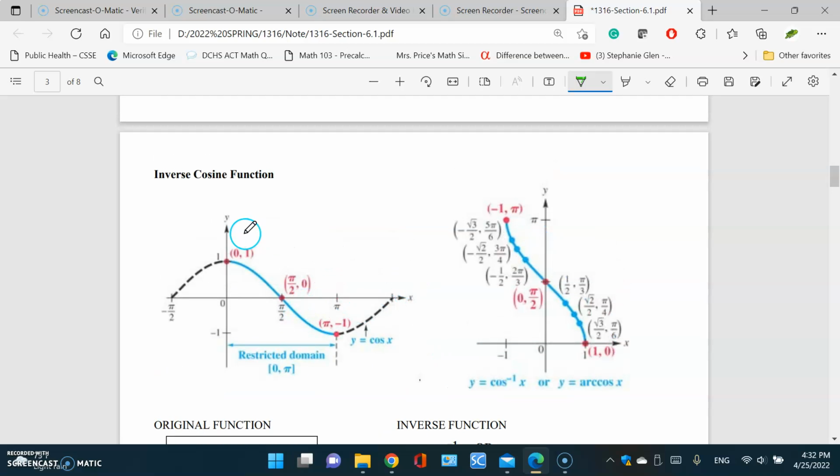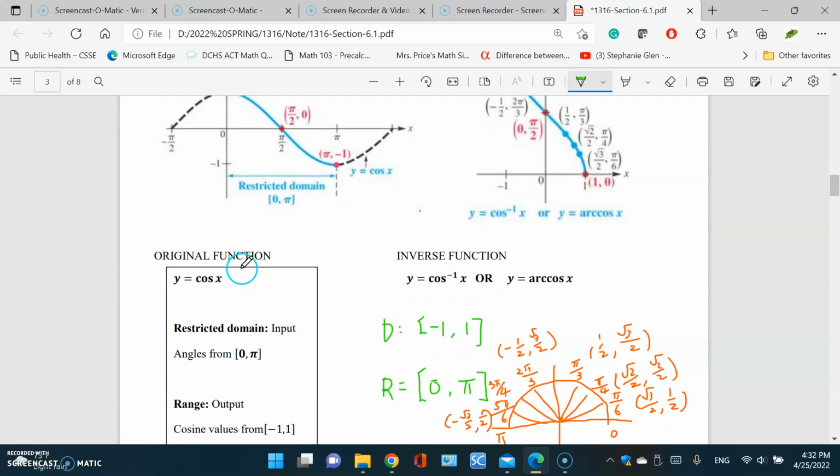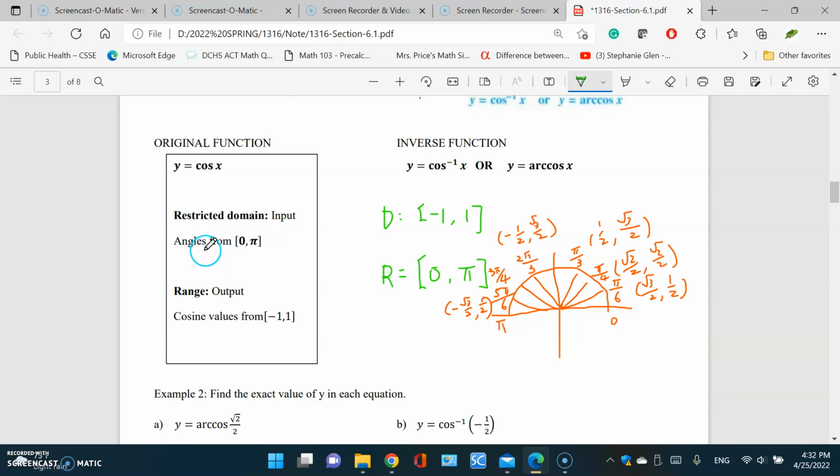Cosine. The domain of the cosine function is between 0 and pi. The range is the same as sine, between negative 1 and 1. When the cosine function turns into the inverse of the cosine function, the domain and the range interchange.